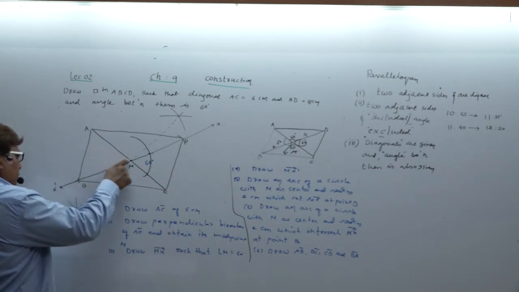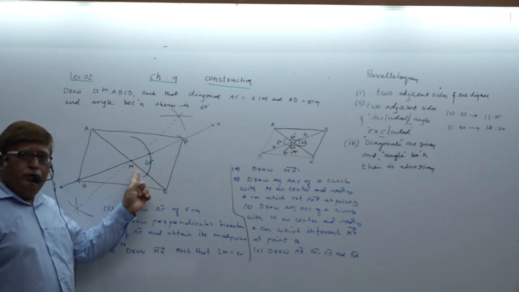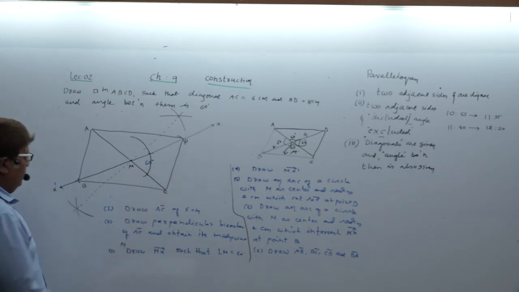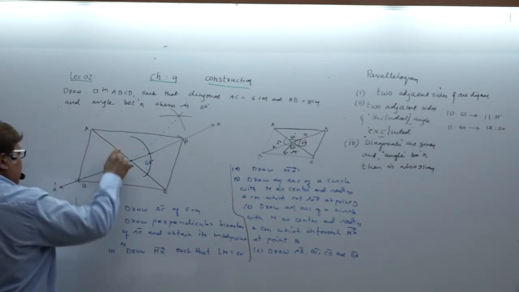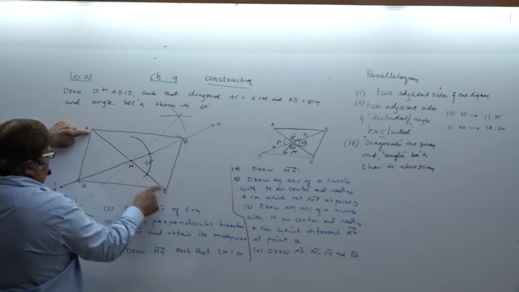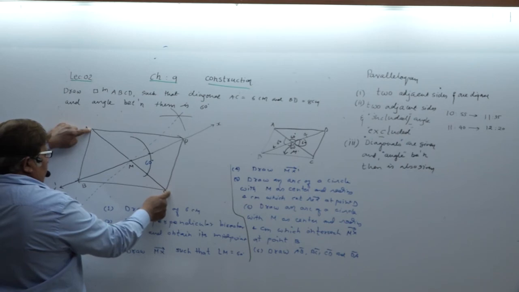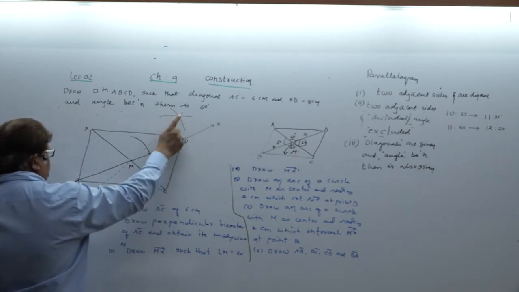Then to obtain midpoint M of AC, we construct the perpendicular bisector of AC. For that, take an AC radius, center at A, draw two arcs; keeping the same radius, center at C, draw two arcs.